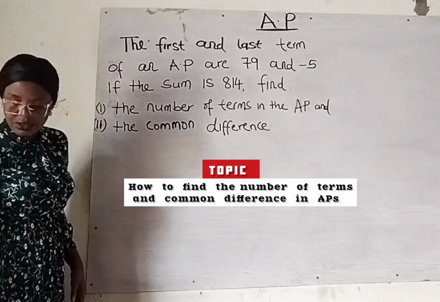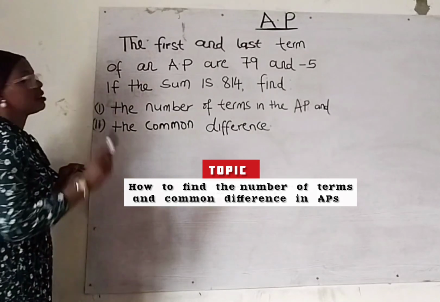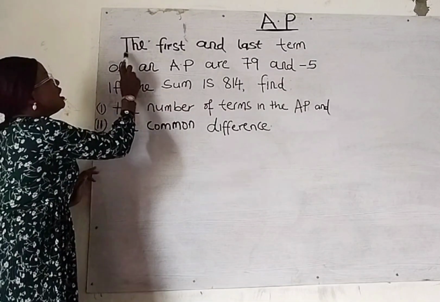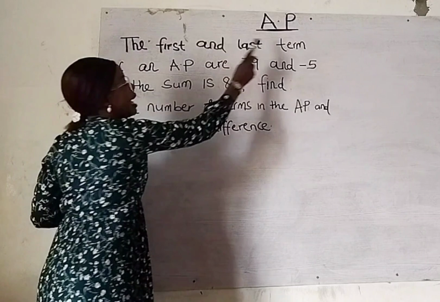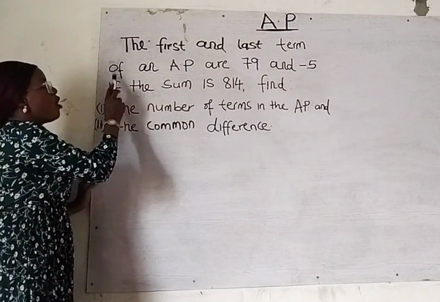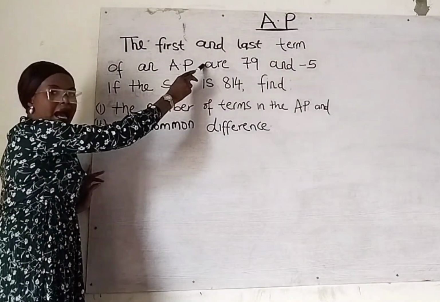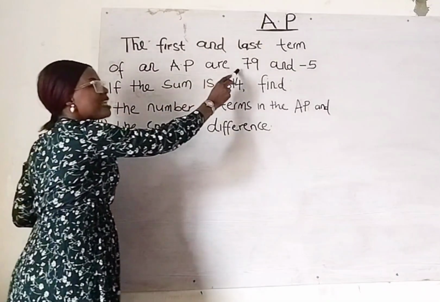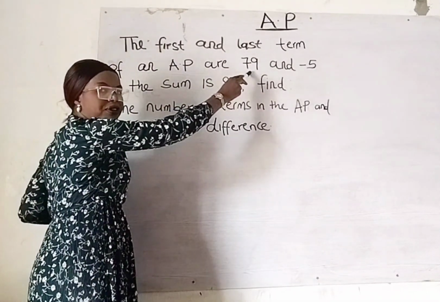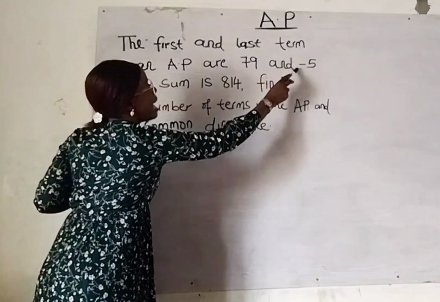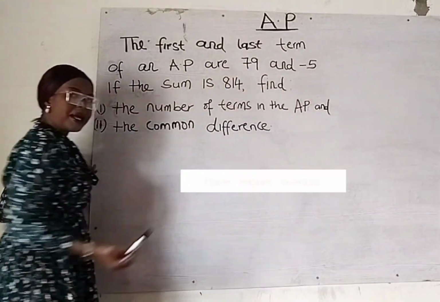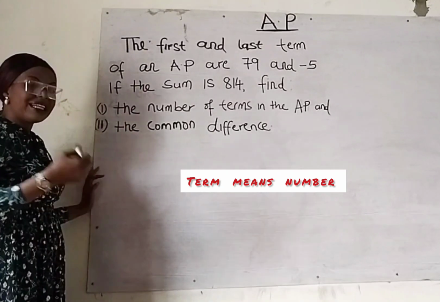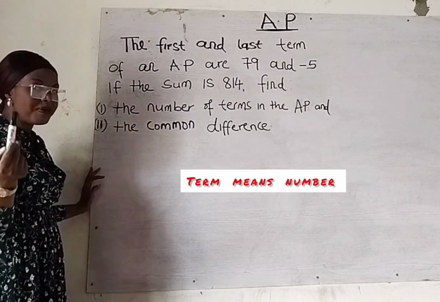I read the question, and the question says, the first and last term of an AP are 79, that is the first term, and minus 5, the last term. And as you know, term means number.